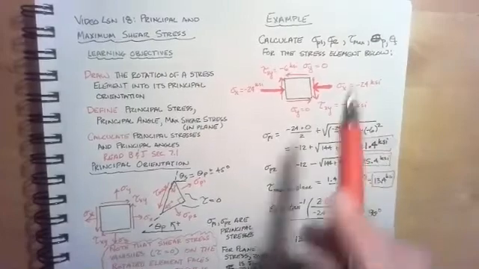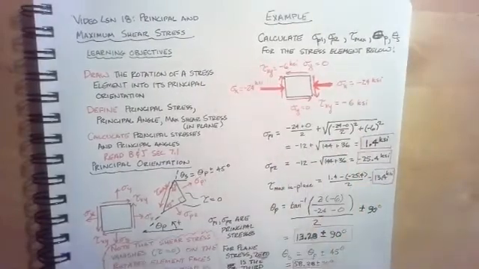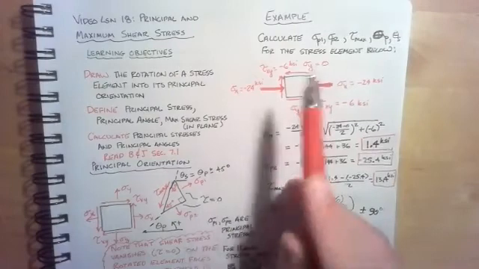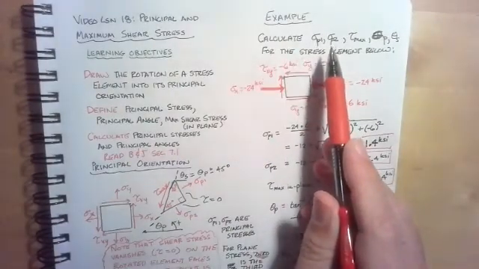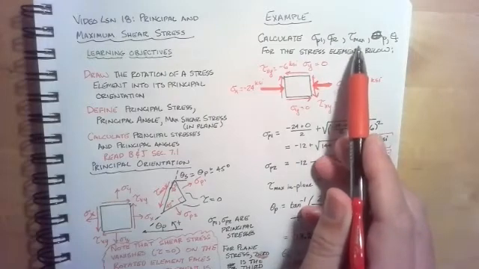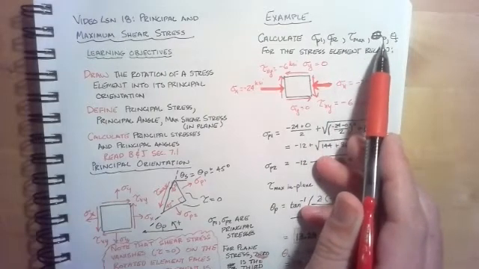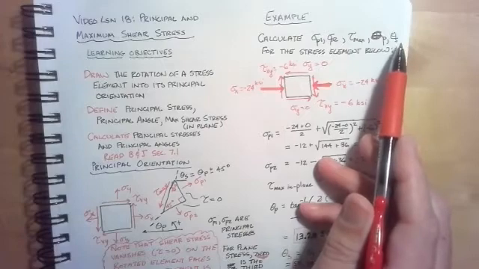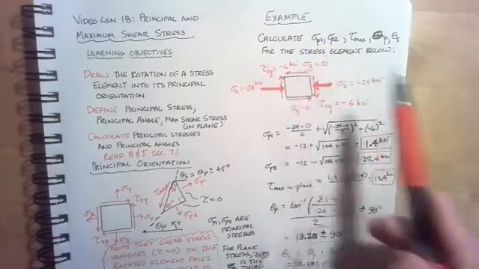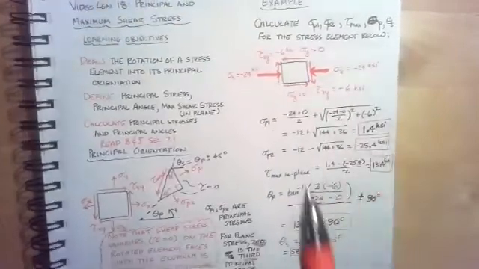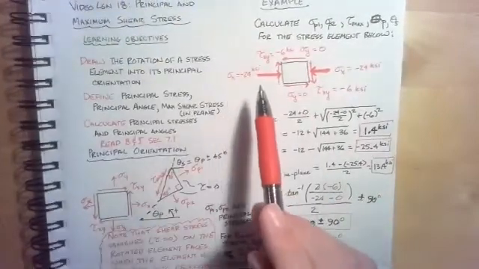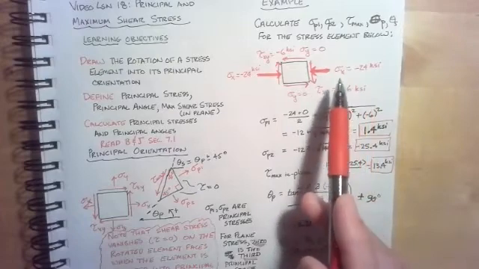All right, so let's consider an example of the theory that we just learned. So let's calculate sigma P1 and sigma P2, the two principal stresses, tau max, the maximum in plane shear stress, theta p, the principal angle, and theta s, for the stress element that we see here. So on this stress element, sigma x is equal to negative 24 ksi.